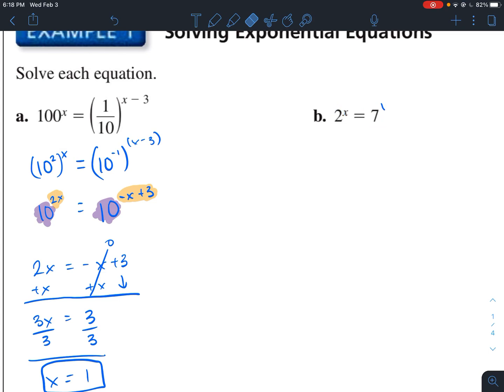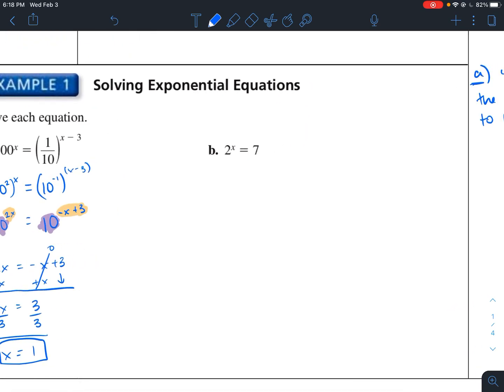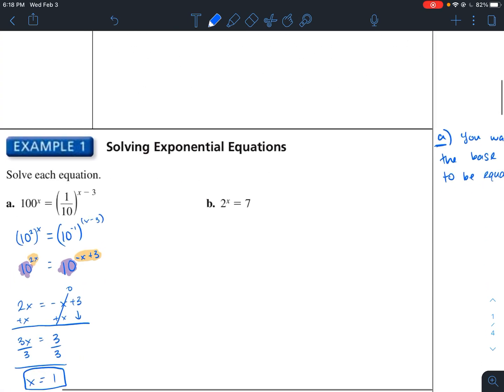We can't use this because the bases are not the same. This is still an exponential expression because it's 2 raised to the x power, which makes it exponential. Because this is an exponential expression, there's a different means of solving for it. I need to solve for x.